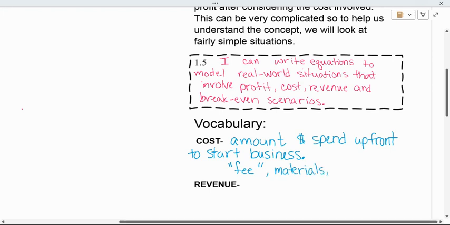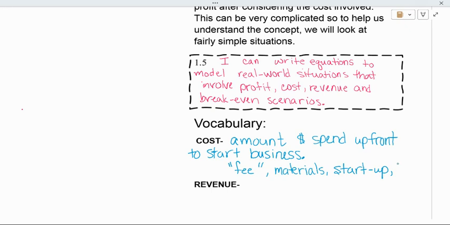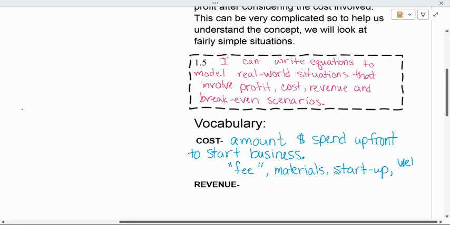It might say something like a startup. Or the other thing I read last night when I was doing our notes, I think we had an example where you paid for a web design. That's kind of an upfront cost, right?